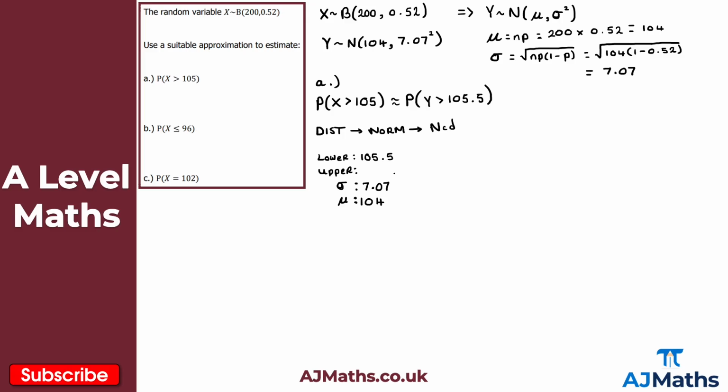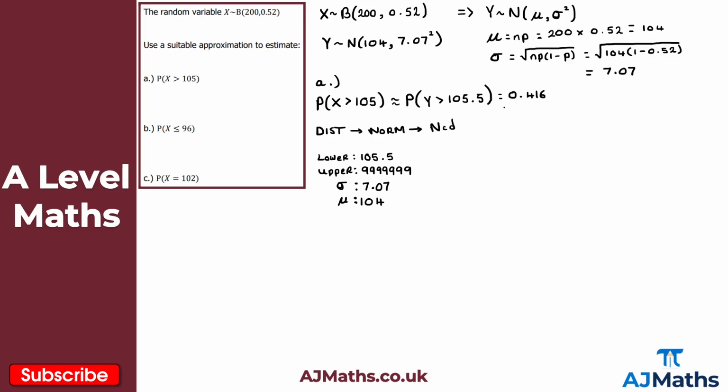And then for the upper value here, I just input an arbitrarily large value. I usually just put a load of 9s here. Any arbitrarily large value, like I said, would be absolutely fine. Okay. So if you input everything in correctly here, what you find then for the probability here is this is equal to 0.416 there, to 3 significant figures.